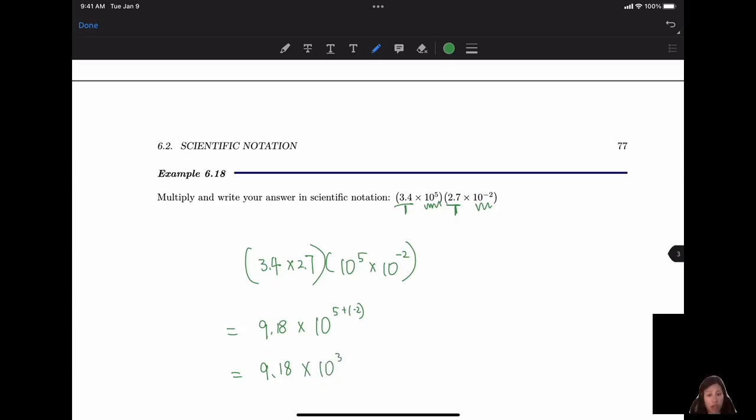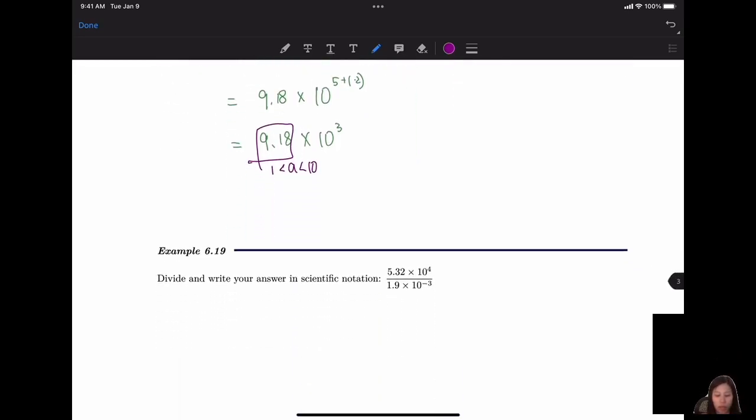Now we need to check, do we need to rewrite it into an appropriate scientific notation? The first thing we check is the a, the coefficient. Is it between 1 and 10? It is, so that means we don't need to do anything.